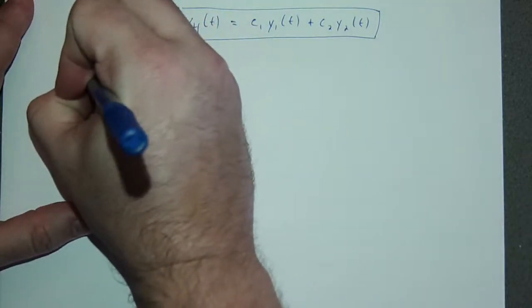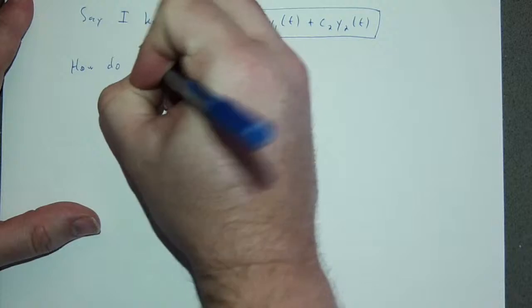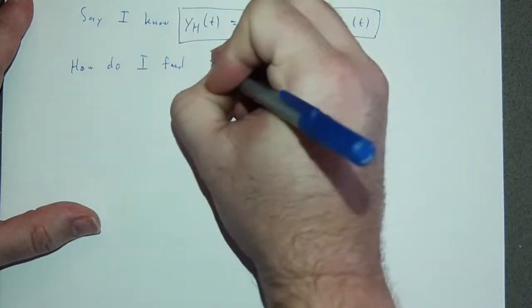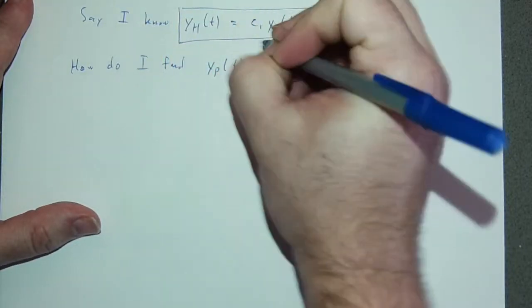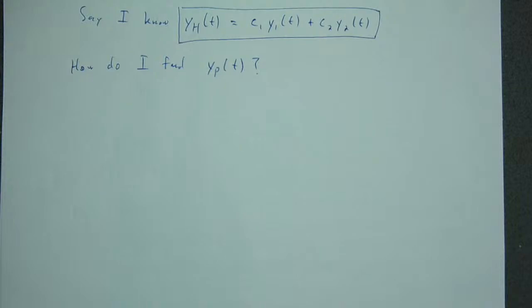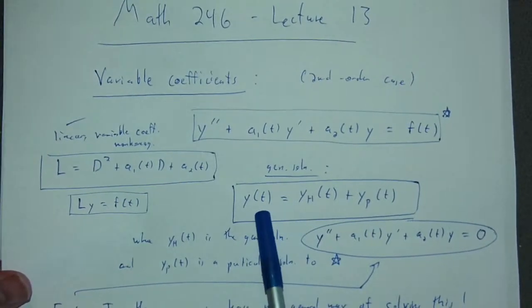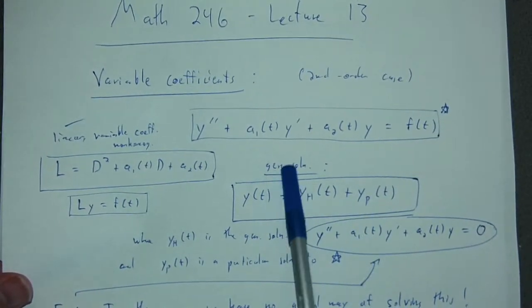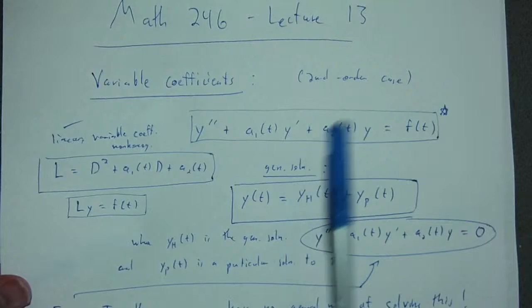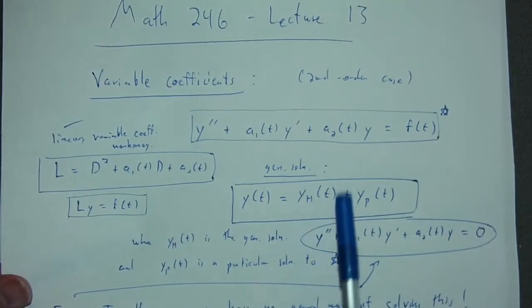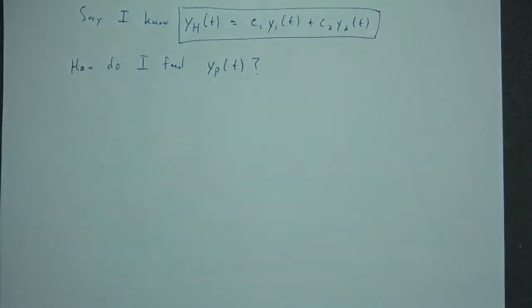How do I find the particular solution? By the usual thing, if I find the particular solution, I'm done. I've found the general solution, since the general solution is just the homogeneous part plus the particular solution. So how do I find the particular solution here?